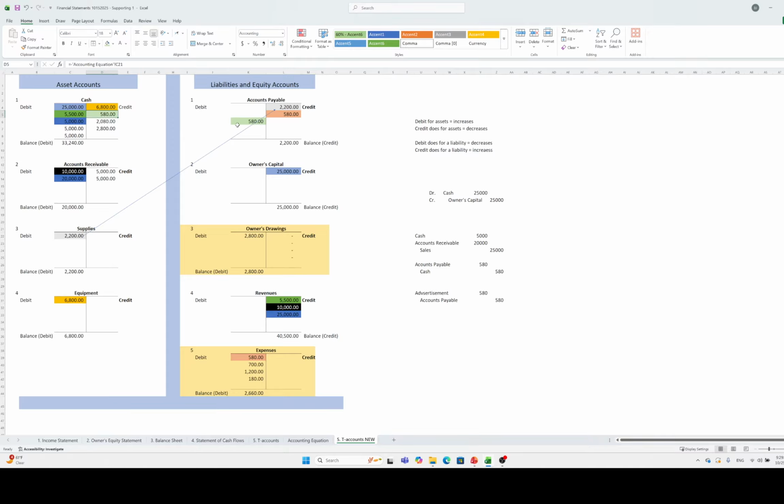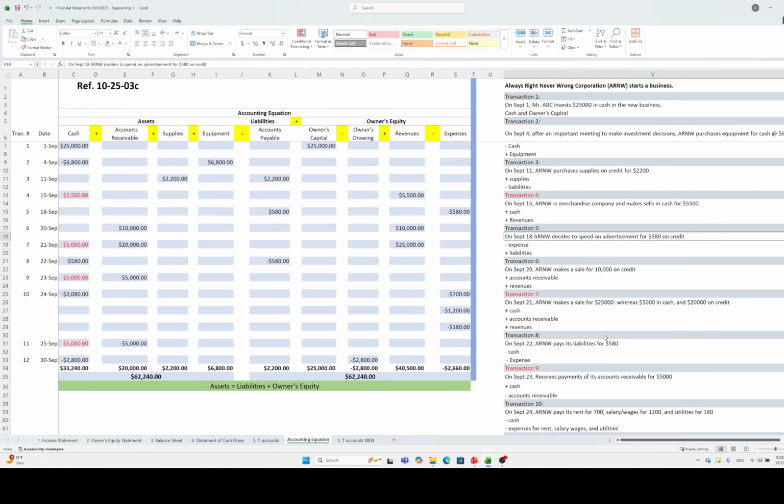So they debit accounts payable, so our liabilities are reduced, and our cash is also reduced by 580. Just want to point it out so that you do not have any confusion. So this is actually not expense, this is accounts payable, making a correction here as well.